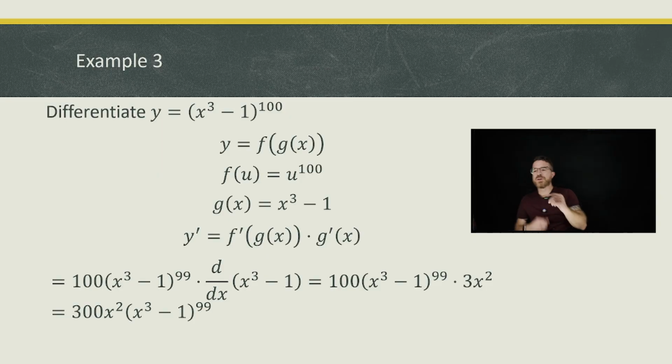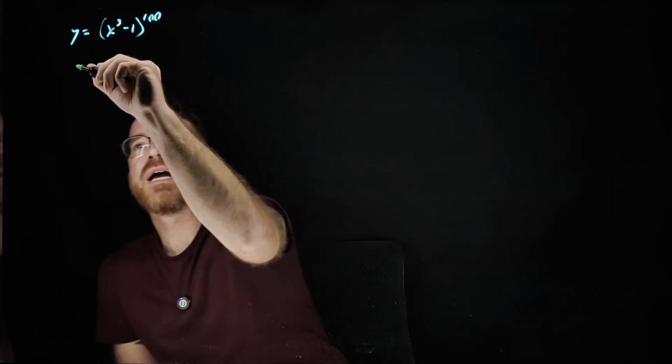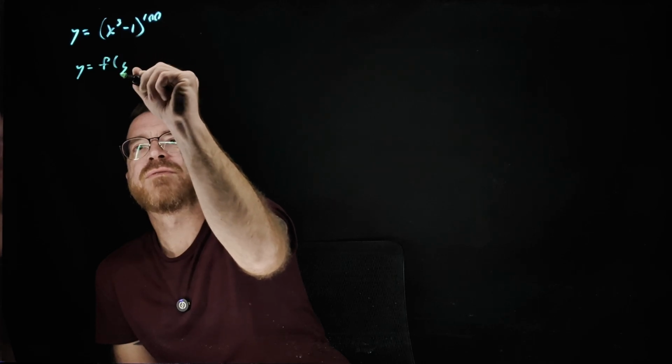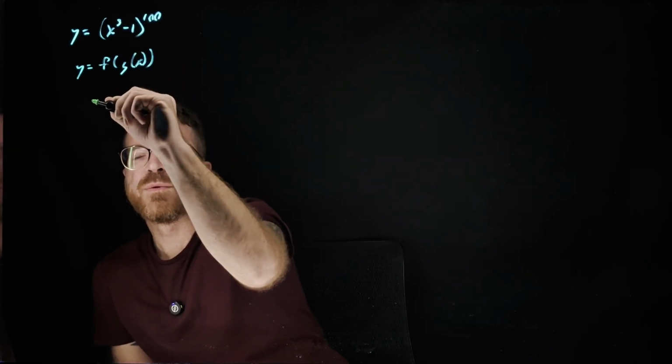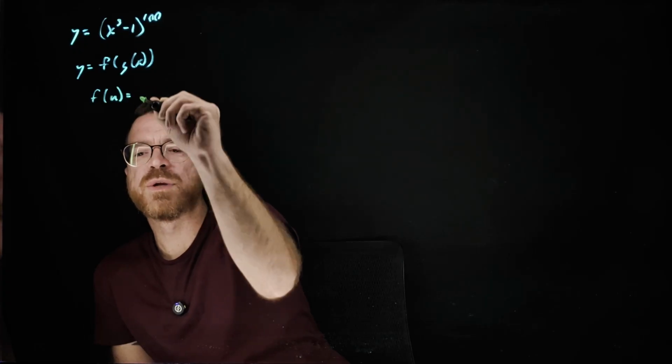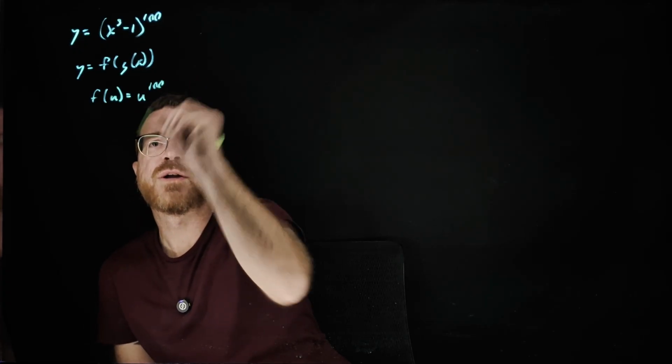What about if we want to differentiate y equals (x cubed minus 1) to the 100th power? Well, in this case, if we have y equals f of g of x, our f of u is going to be equal to u to the 100th power.